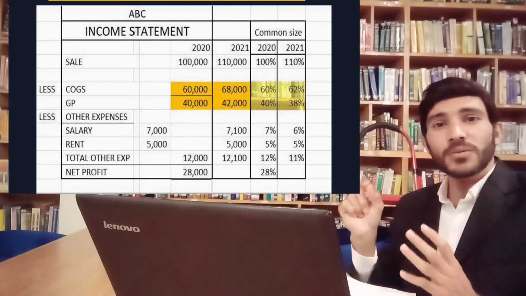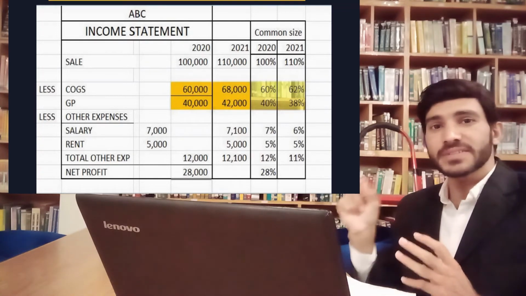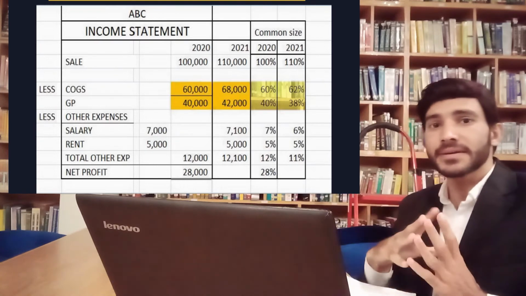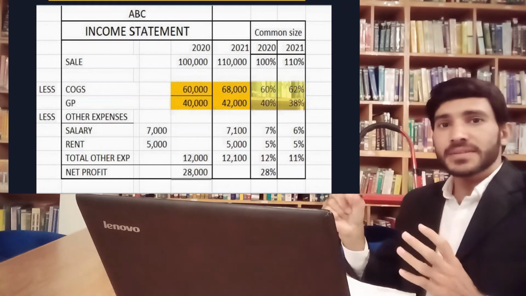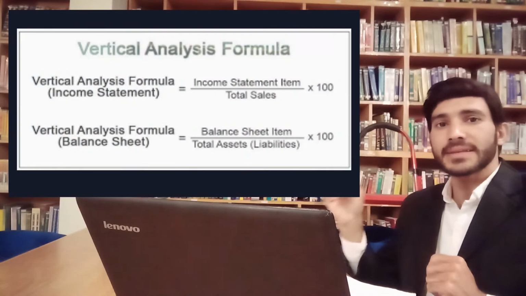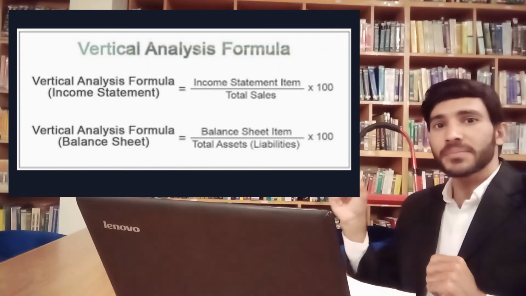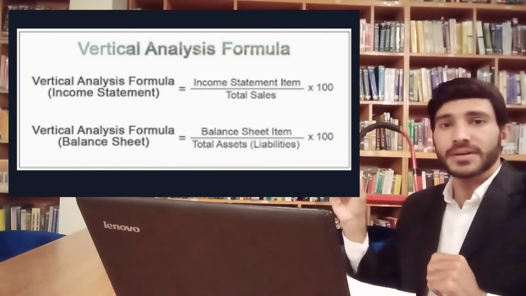And with common size statement analysis, you can compare financial statements of the same company across time and different companies at the same time. We can do analysis in two ways. We can compare different companies at the same time, and we can compare different times for a single company.